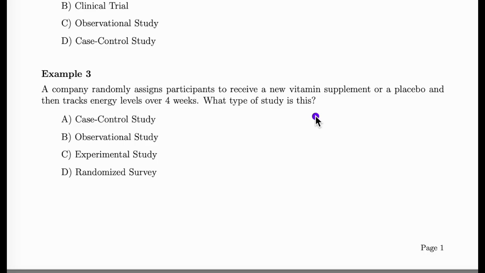It's not just observing or comparing groups. But because this isn't in a medical setting at a hospital or a medical research center, this is just a company trying to gather some information. This is not considered a clinical trial. So our final answer for this would be an experimental study.